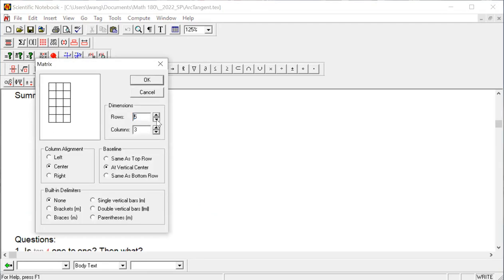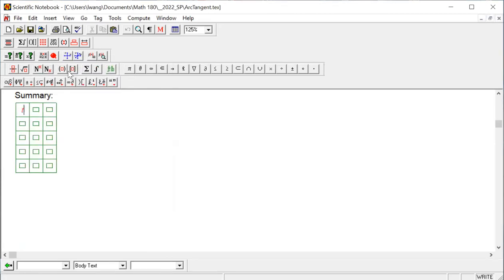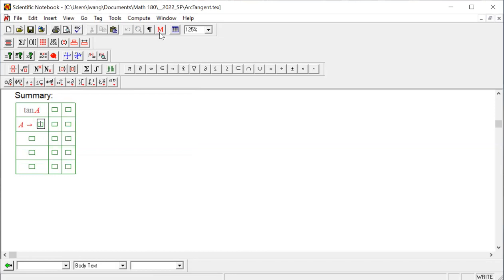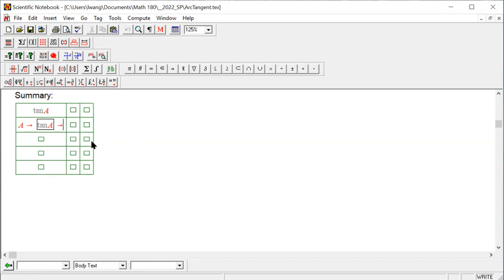I don't think we need many rows. So the tangent, as we know, is a function that takes angles and produces a ratio, and those ratios can be any real number.